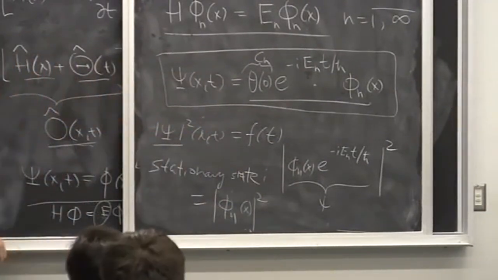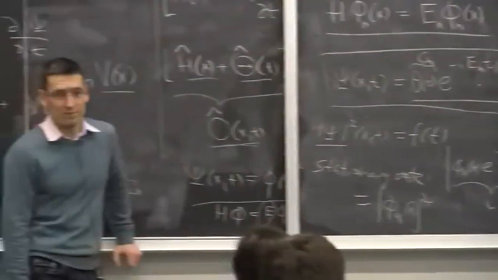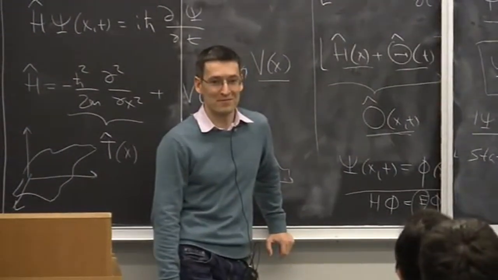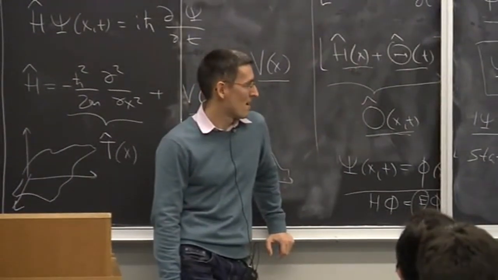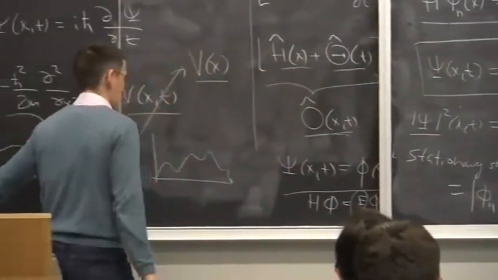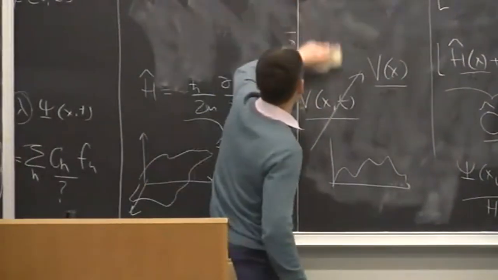There will be no time. Where did the time go? How did it cancel out? It goes to 0, e to the 0 is 1. So how do we understand this magic?